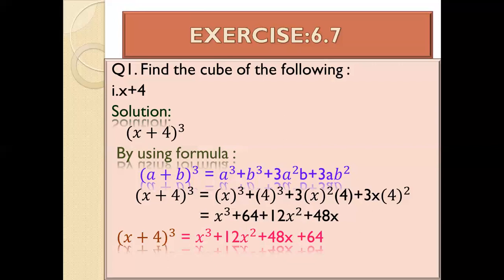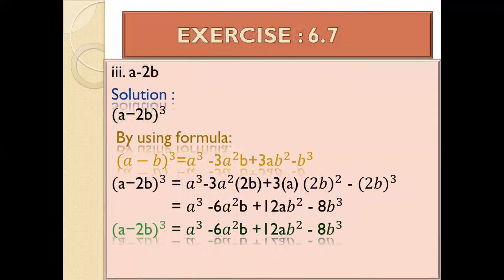Is it clear? Okay, come to the next part. The next part is a minus 2b. Now we know that a is a and b will be 2b according to the formula. Which formula will we apply here?